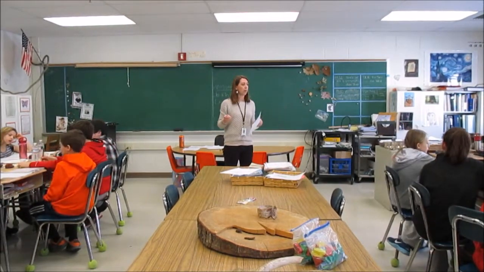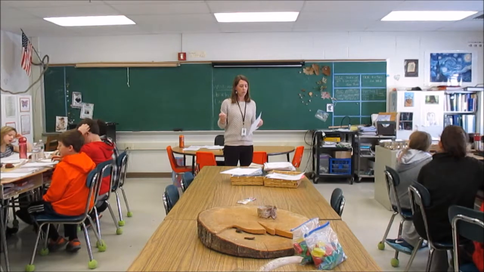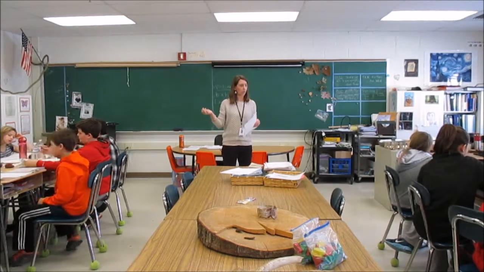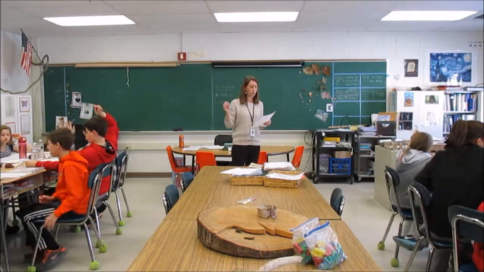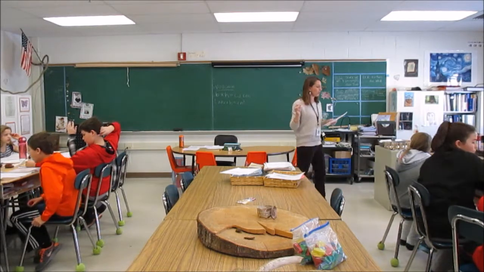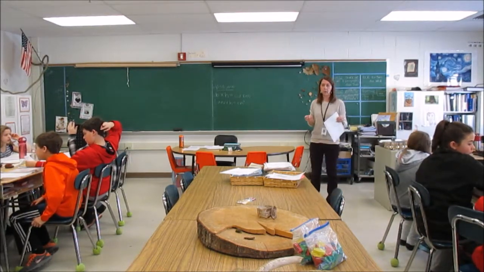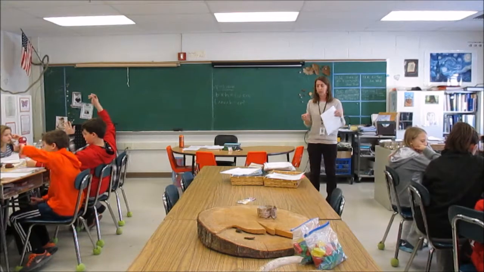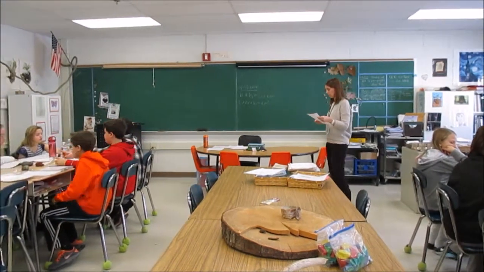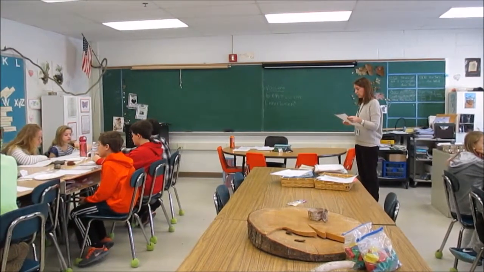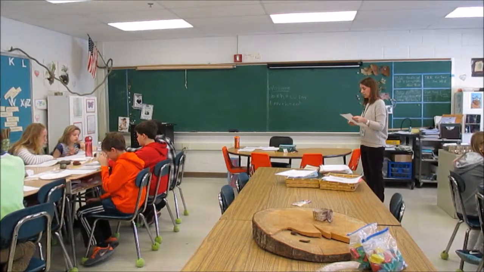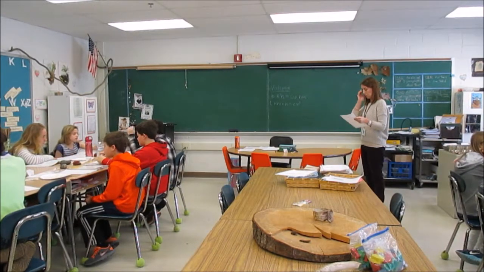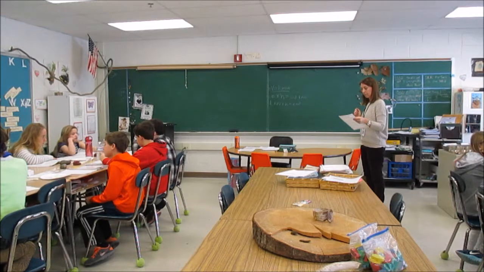So give me your formula or your number model, and then give me your answer. Remember to include your units. So number 1, what did we get for number 1? Mason? Centimeters cubed. What was your number model? 2 times 9 times 7.